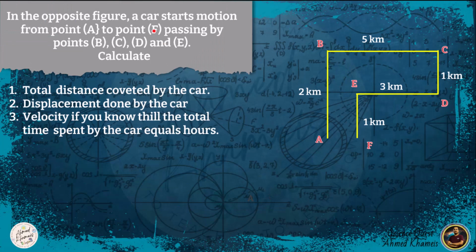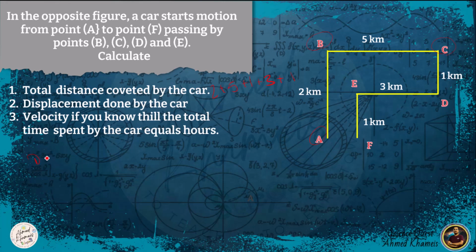In the opposite figure, the car starts motion from point A to point B, then from B to C, then from C to D, and from D to E, from E to F. Calculate the total distance covered by the car. So the total distance is from A to B 2 kilometers plus from B to C 5 kilometers plus CD 1 kilometer plus from D to E 3 kilometers plus from E to F 1 kilometer.